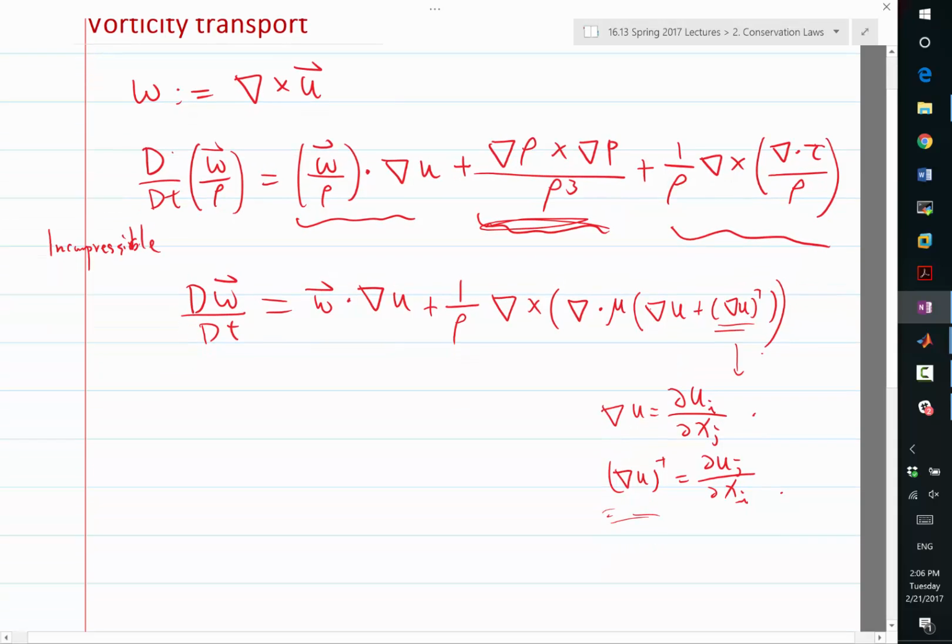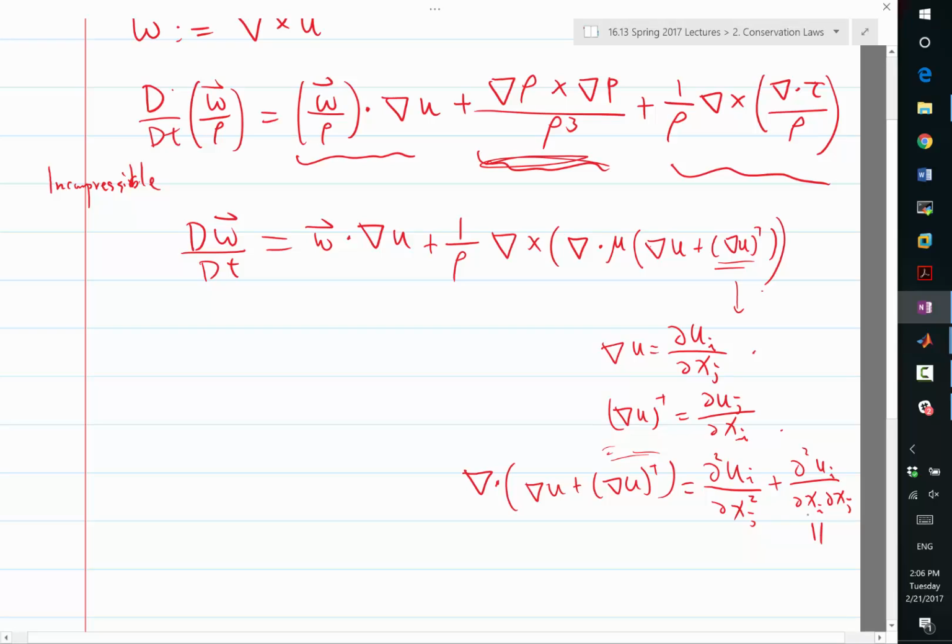So grad u plus grad u transpose is equal to partial square u_i partial x_j square, plus partial square u_i partial x_i partial x_j.